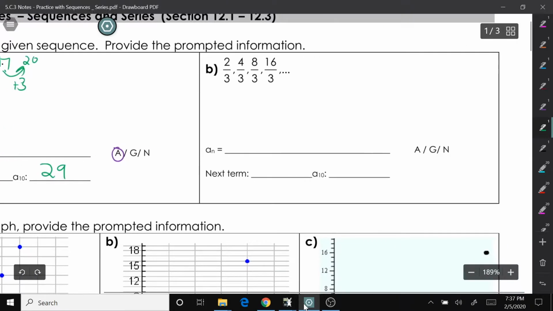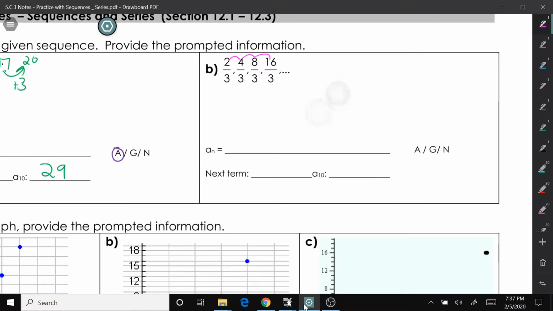Letter B, all right, we have 2 over 3, 4 over 3, 8 over 3, 16 over 3. So what I've noticed on the top is that we're multiplying by 2 each time. 2 times 2 is 4, 4 times 2 is 8, 8 times 2 is 16.